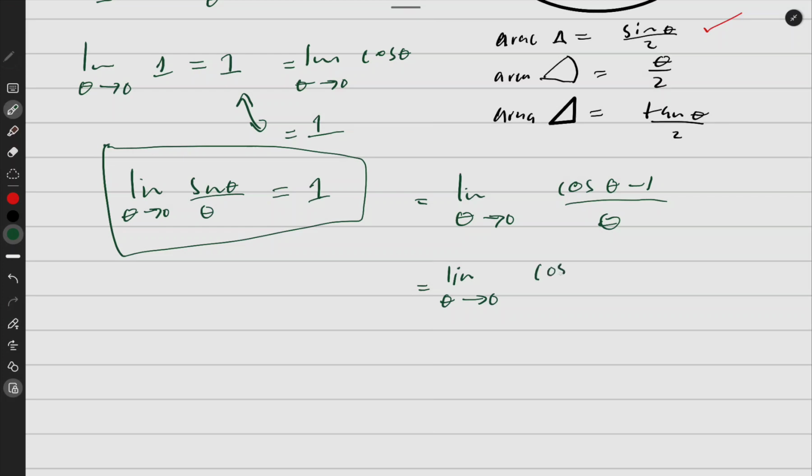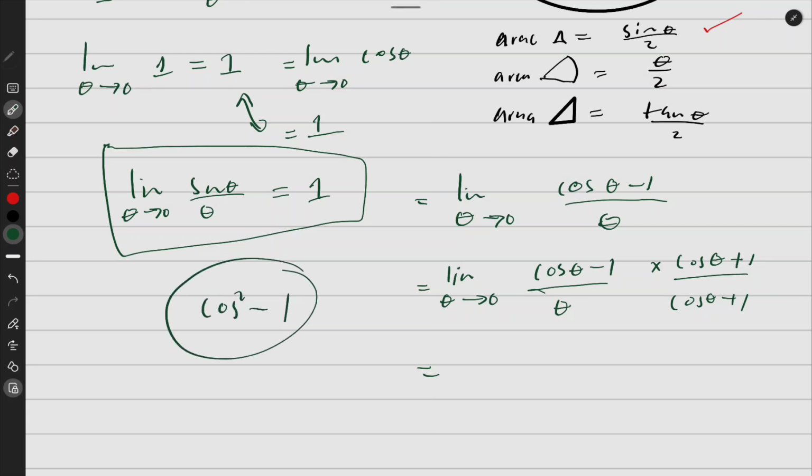So we're just going to multiply by a conjugate here. Remember I have theta on the bottom. It's going to be cos theta plus 1 all over cos theta plus 1. On the top you see a difference of two squares, so it's going to be cos squared theta minus 1.